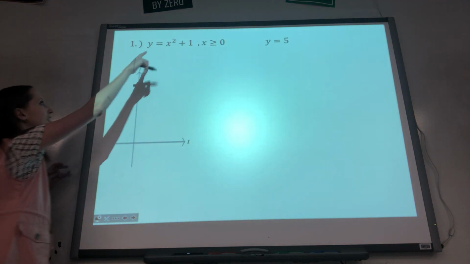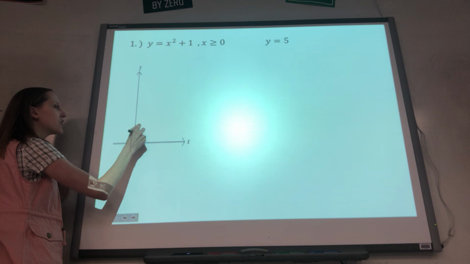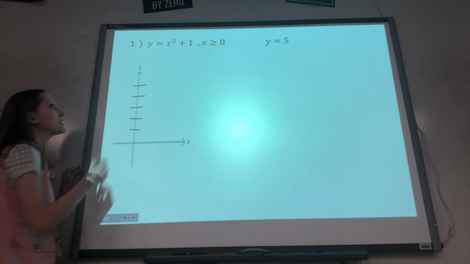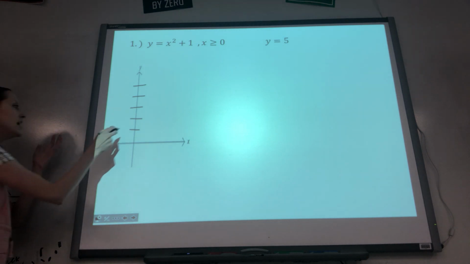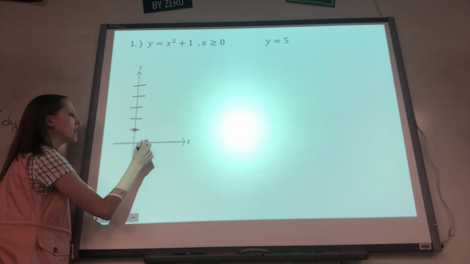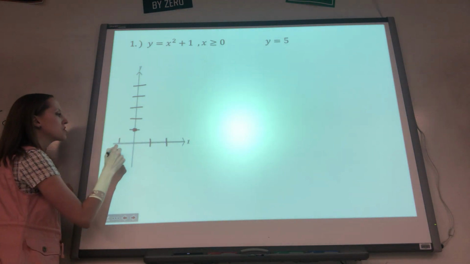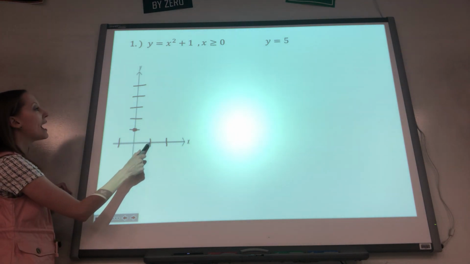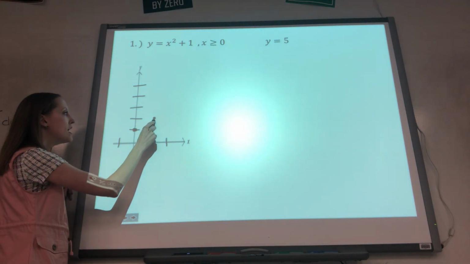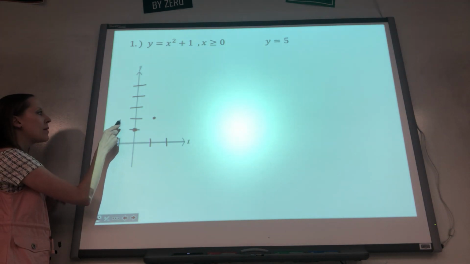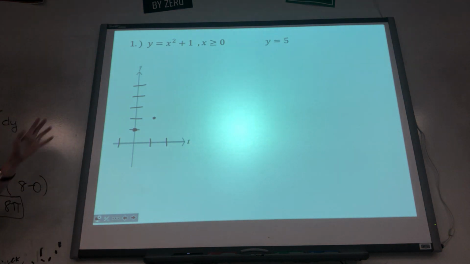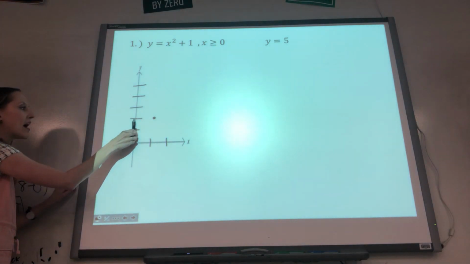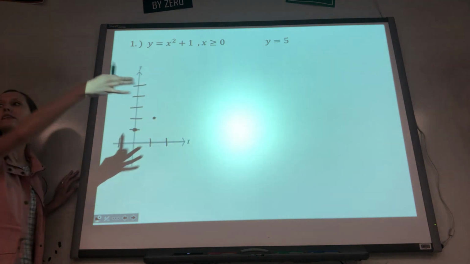So let me explain what's going on with our first function. This is a parabola that's been shifted up 1. My vertex is right here, and my next point over would be at (1, 2). I'm not even going to worry about coming out the other way because this function is only good for x values greater than or equal to 0.